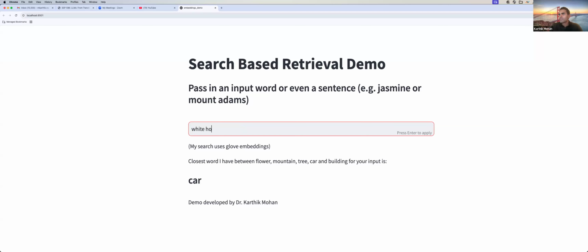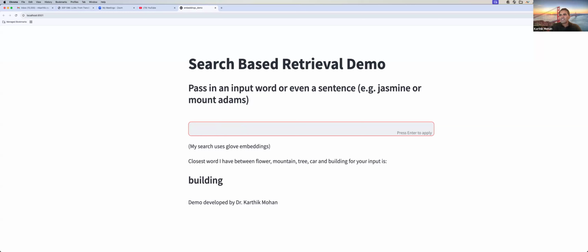How about White House? Because I see building here. Okay, great. White House is a building. Great. So we are on the right track. Let's see, real estate. Let me try real estate. Okay, that's a building. That's good.